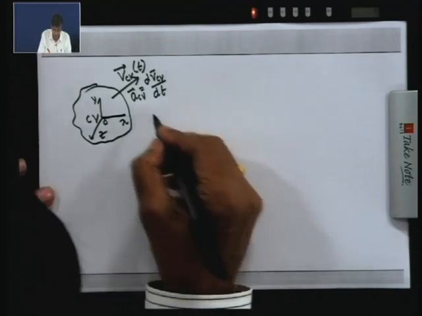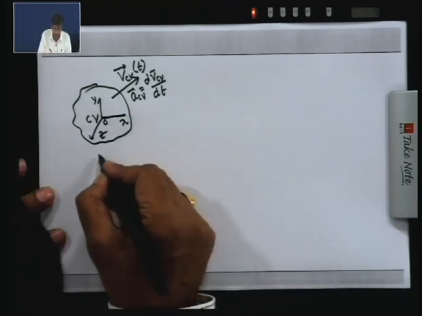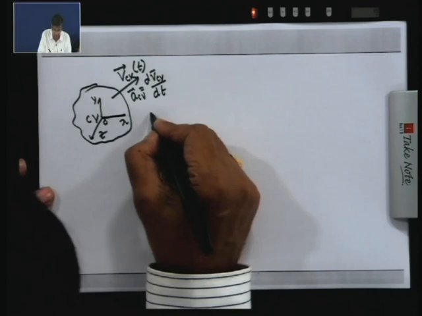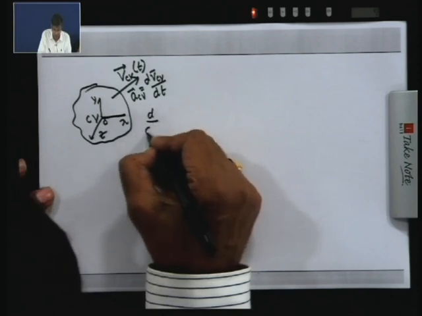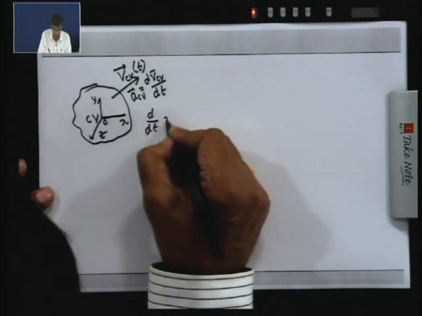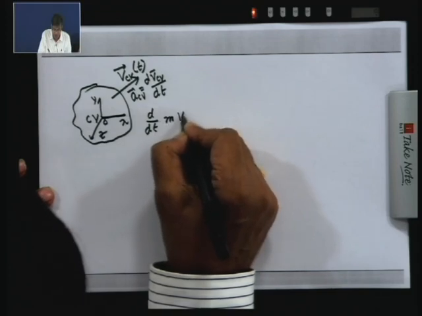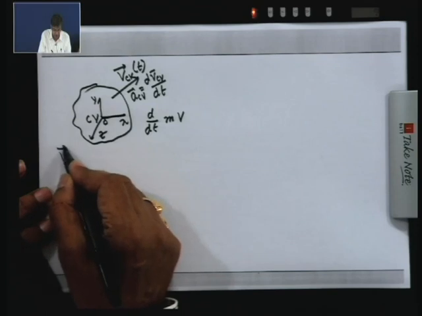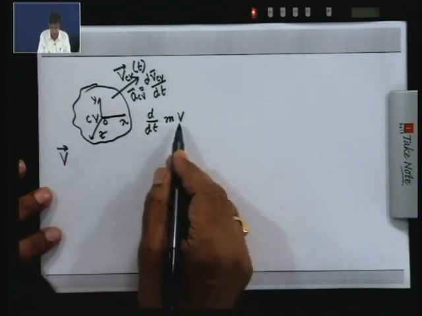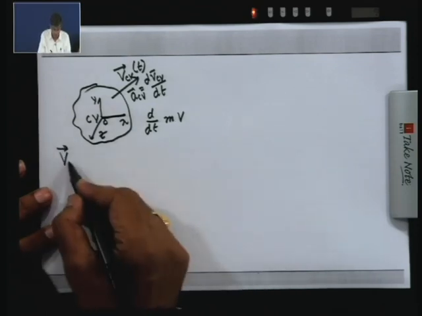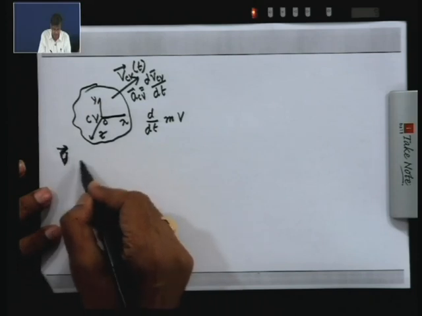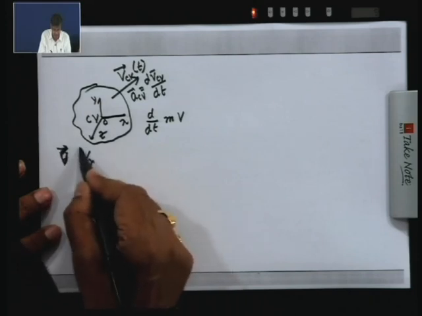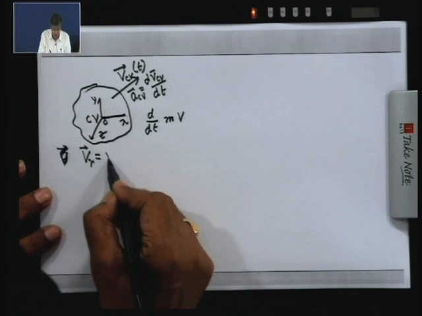If we write this equation here, we will see that d/dt of, now I write with respect to the control volume. That means our velocity now is with respect to the control volume. That means we write this as VR. I defined earlier VR is with respect to the control volume.